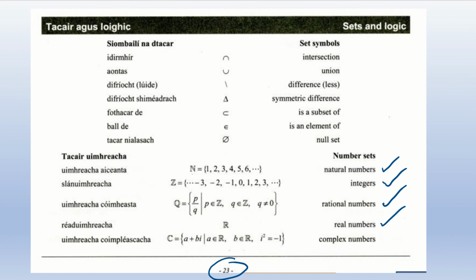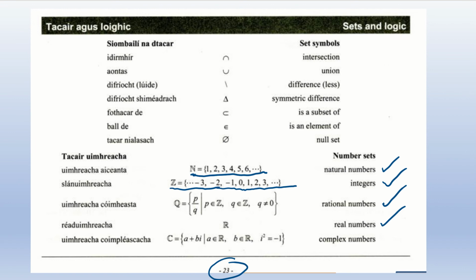So your natural numbers are your whole numbers starting at 1 and all the way up. Your integers go from -3, -2, -1, 0, 1, 2, 3, and all the way up to infinity, and all the way back to minus infinity.